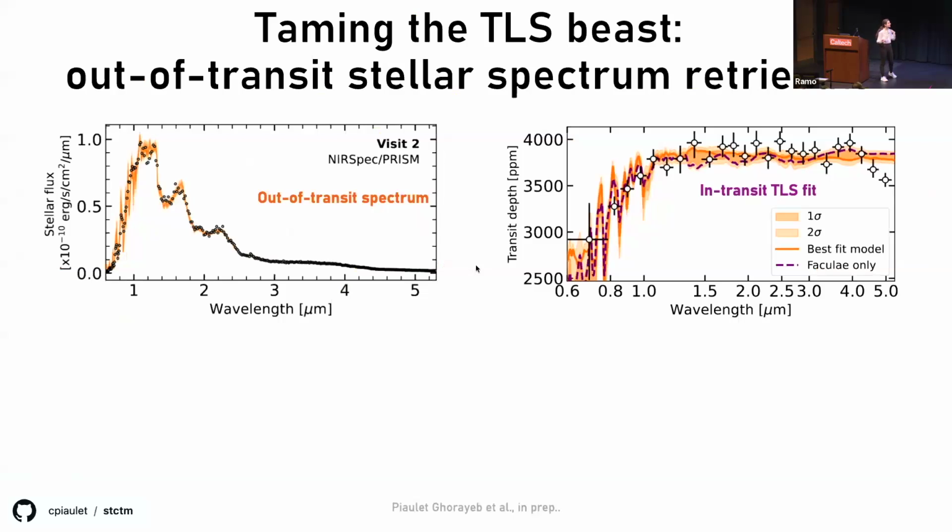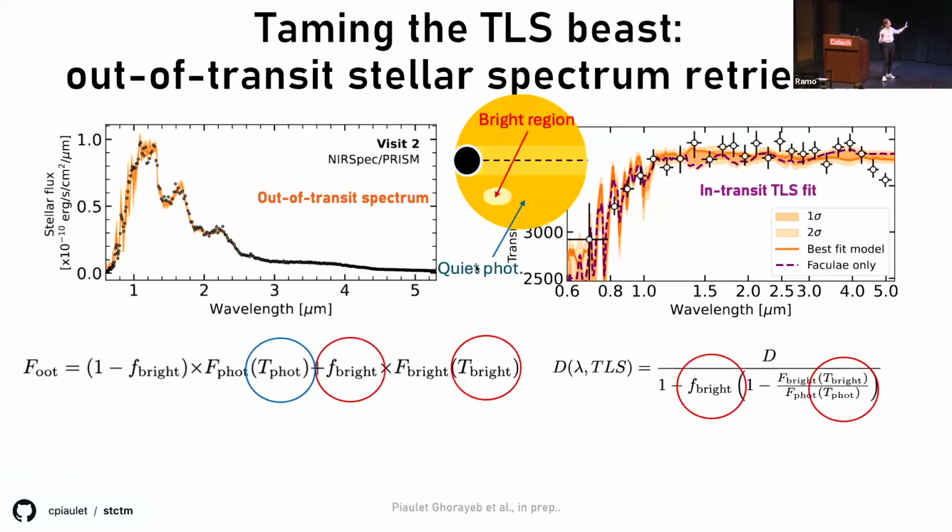And so one thing that we try to do to get the most information from these observations is to not just use the information about the stellar surface brightness contained in the transmission spectrum through the transit light source effect, but to also leverage the information contained in the out-of-transit stellar spectrum that we now have with NIRSpec from 0.6 to 5.2 microns.